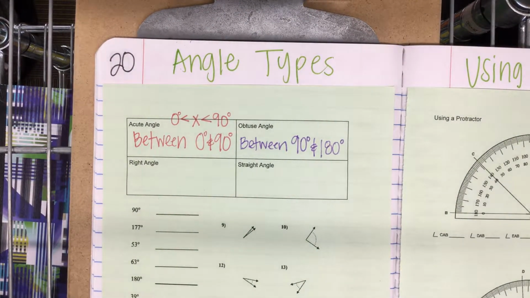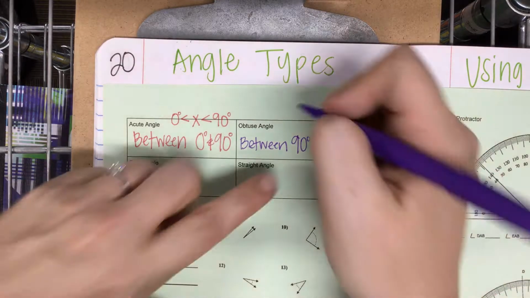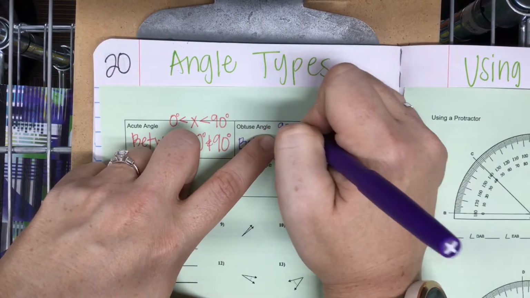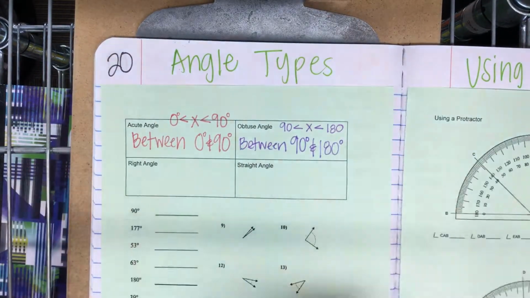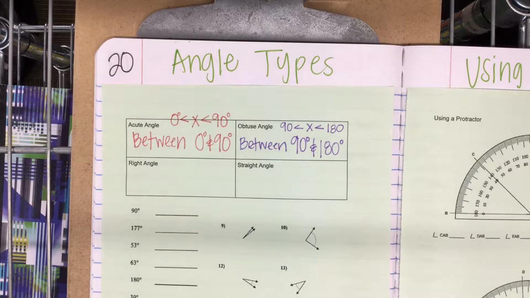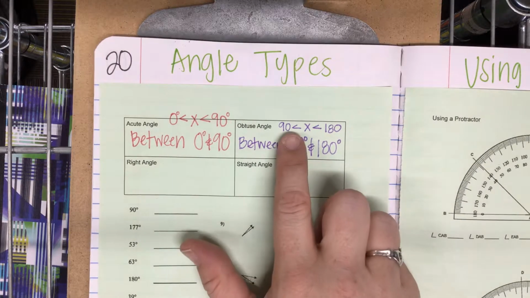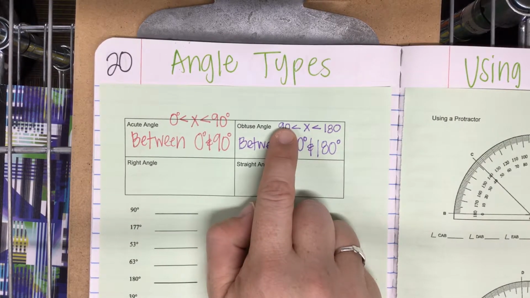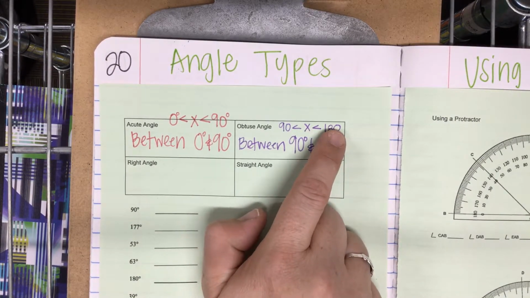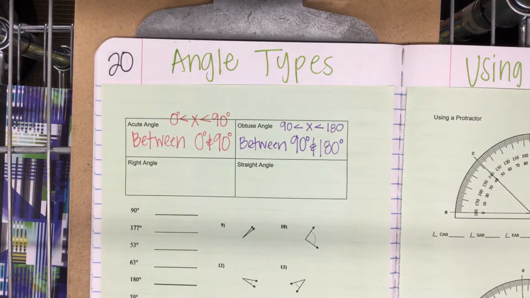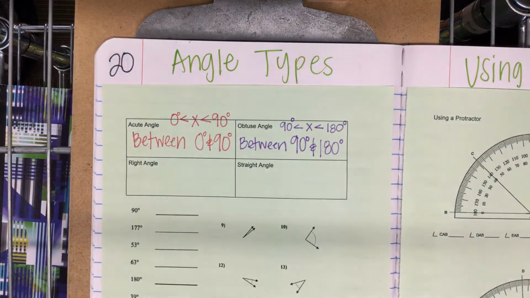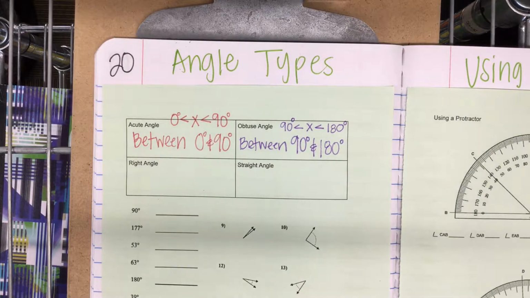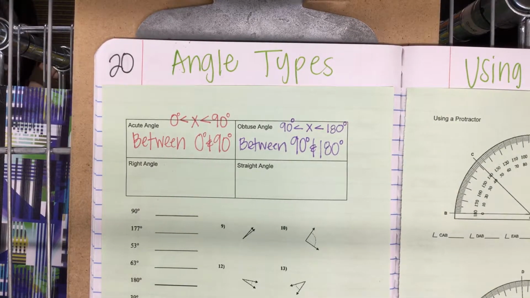If I was going to write that algebraically, I would say X is greater than 90, but X is also less than 180. I'll put my degree signs. There are lots of different types of acute angles.